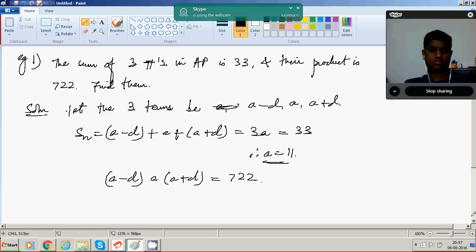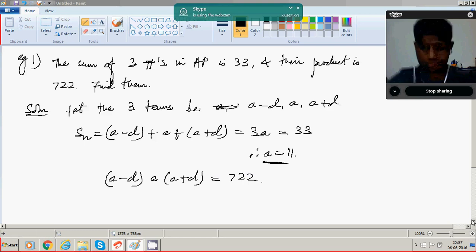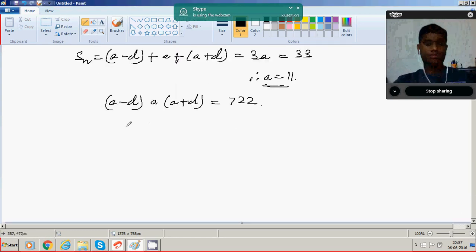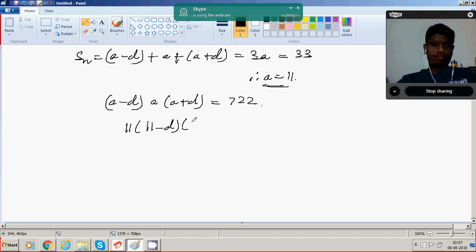So we will get a quadratic. Please make a correction.